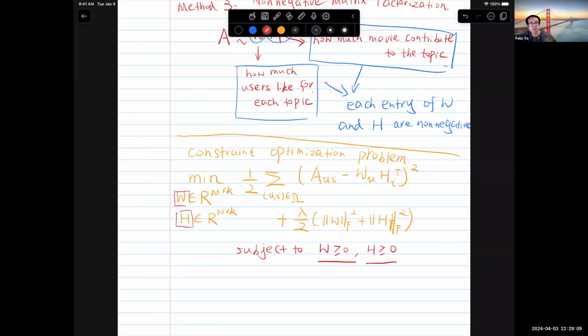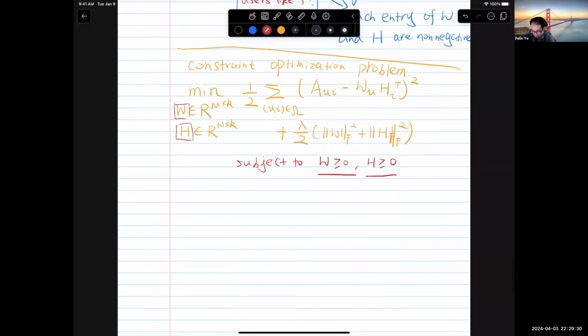There are multiple methods, and one quite popular one is called projected gradient.